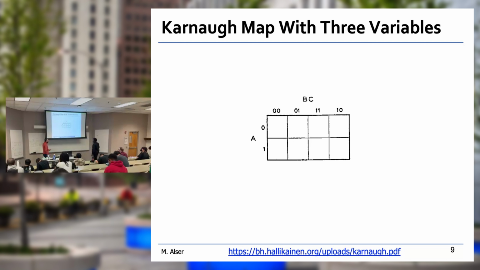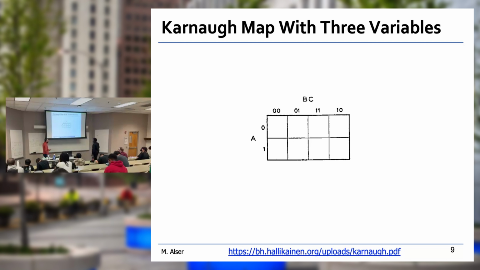Excellent. So now we need to build a table with 16 entries, 16 cells. We divide the variables. We start with the first 2 at the top and everything else at the bottom.